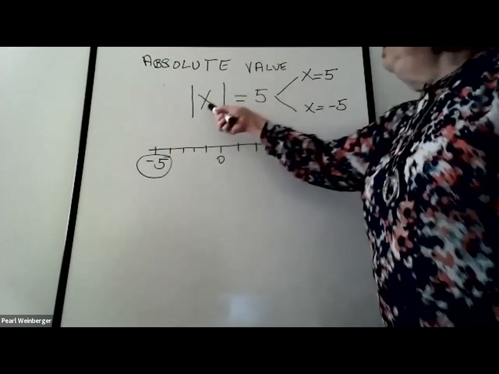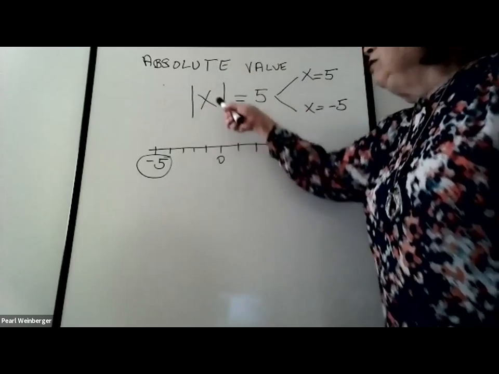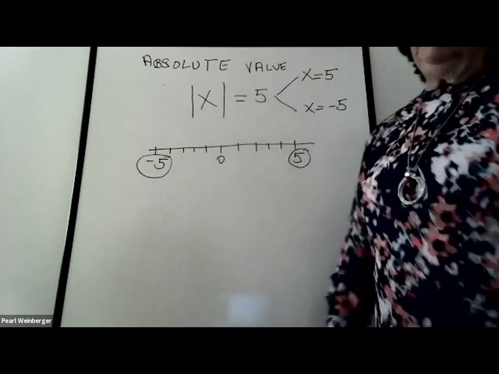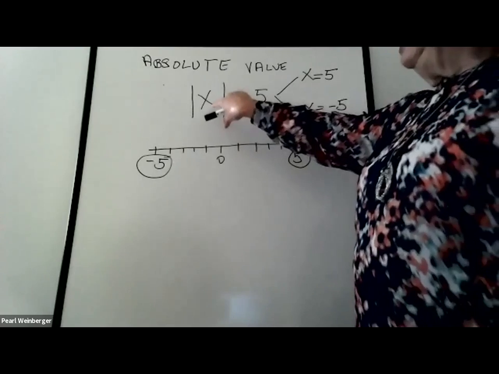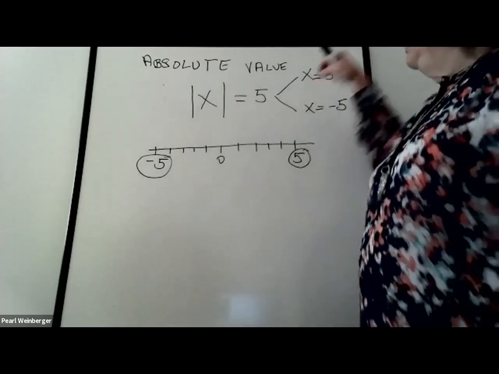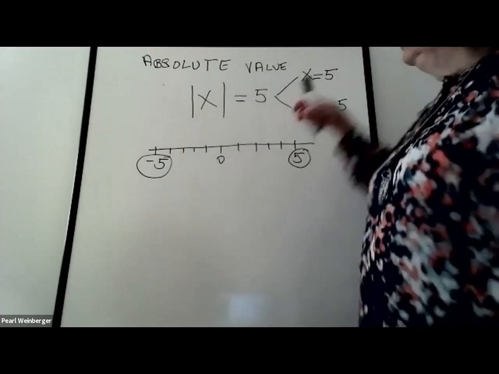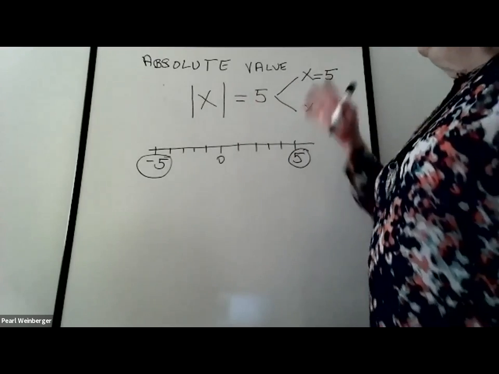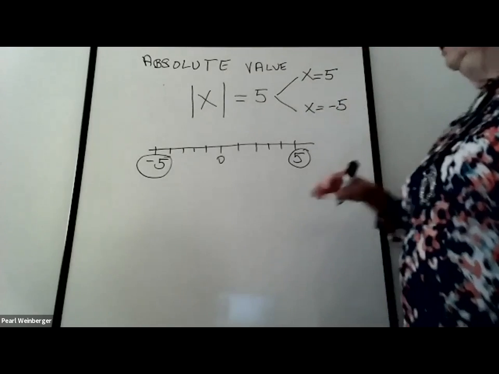But it could also have been a -5, because if I take the absolute value of -5, that means drop the sign, my answer is going to be 5. So when you have an equation with an absolute value in it, you are usually, I would say in 99% of the cases, going to end up with 2 solutions. One from using the positive number and one from using the negative number.